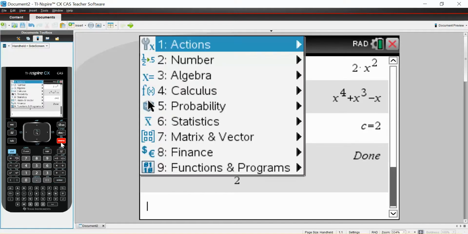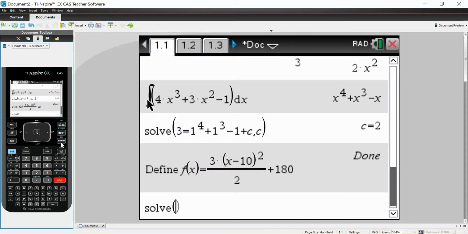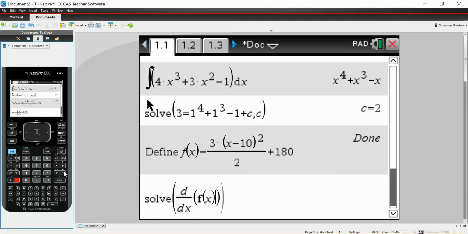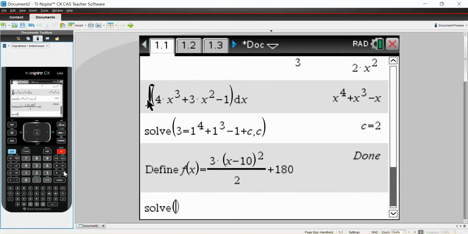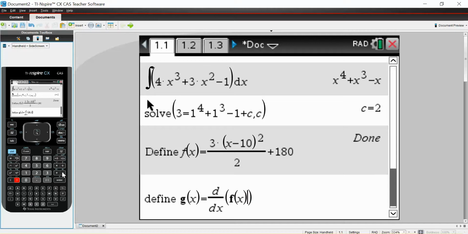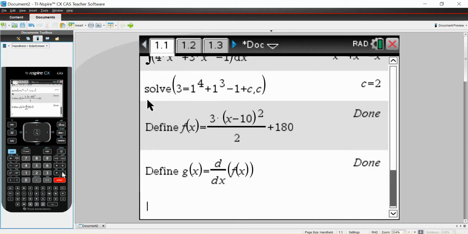I'm going to go menu, solve. Actually that doesn't work, I have to define the derivative first. Define g of x is equal to the derivative of f of x. So that's the derivative.